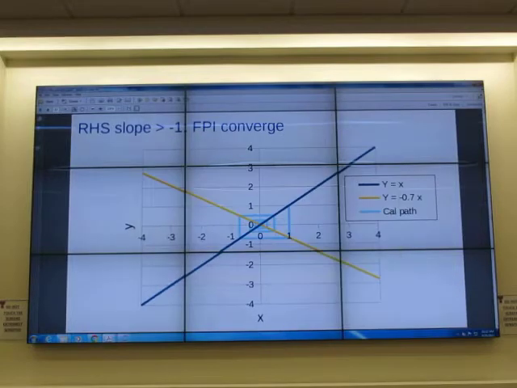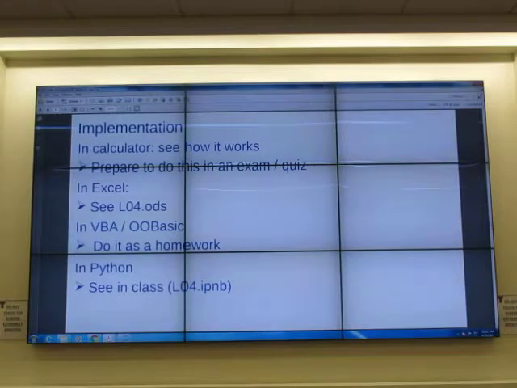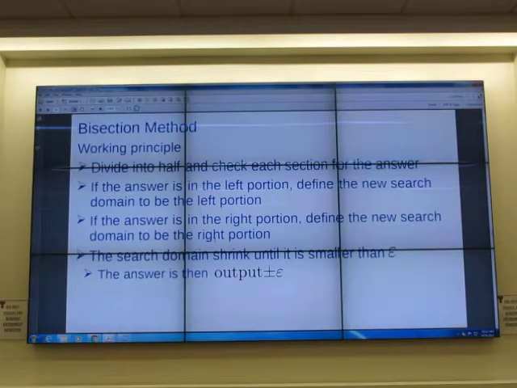If it diverges, you can invert your equation, then it will converge. But if it's moving around a fixed point, you cannot do anything. Chain operator, we will see how it works later.